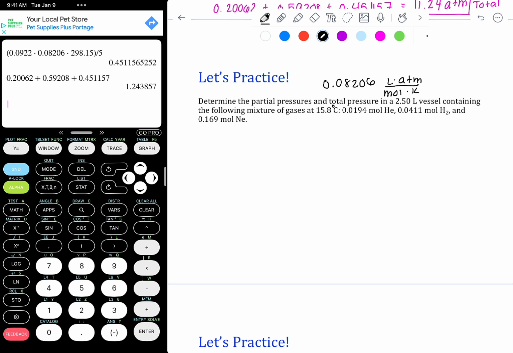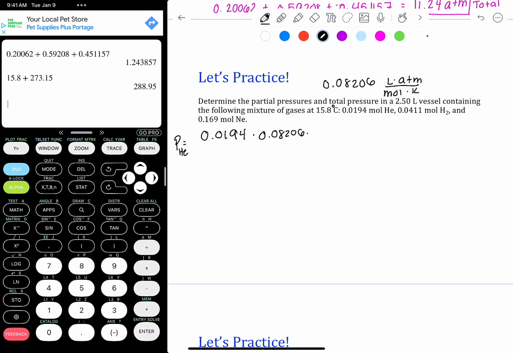The setup is exactly the same as we saw in our previous problems. So we just choose each variable. Let's do helium first. We just plug in the mole value, 0.0194 times R times the temperature, which would be 15.8 plus 273.15 to get 288.95 Kelvin, divided by the volume of 2.50 liters.